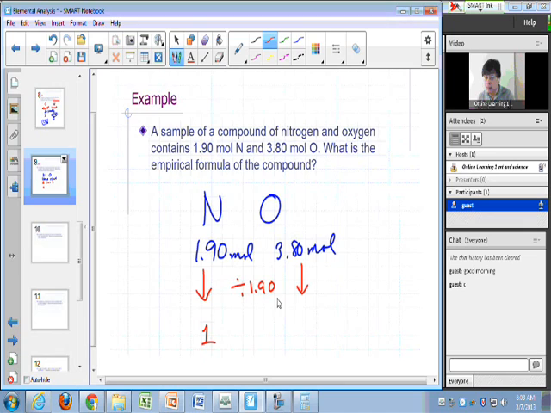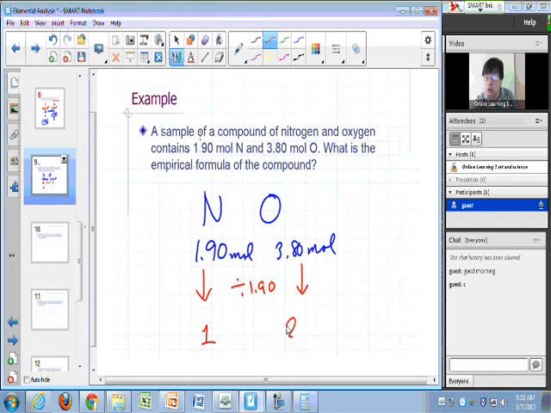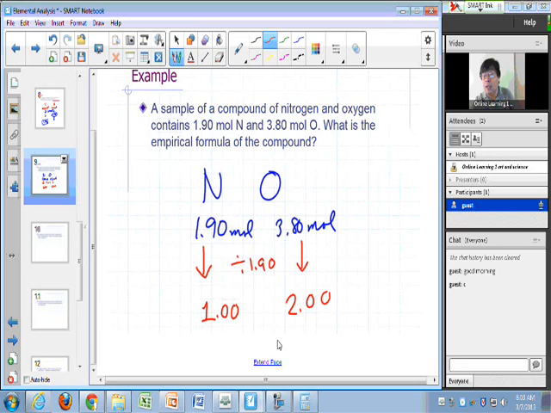And 3.80 divided by 1.90 is 2.00. Okay, sig figs here, so that's 1.00, so 2.00. So that means the empirical formula of this compound is NO2.